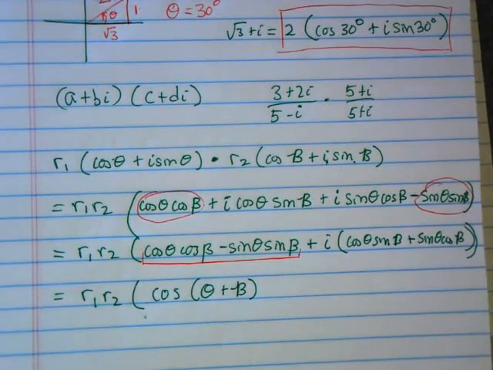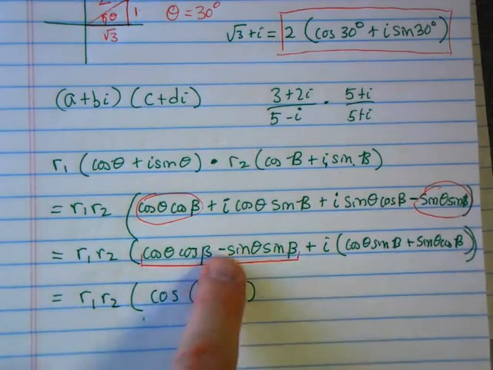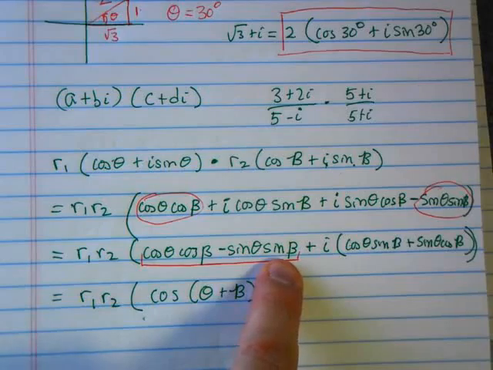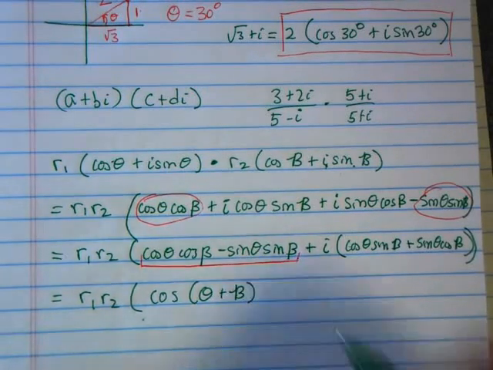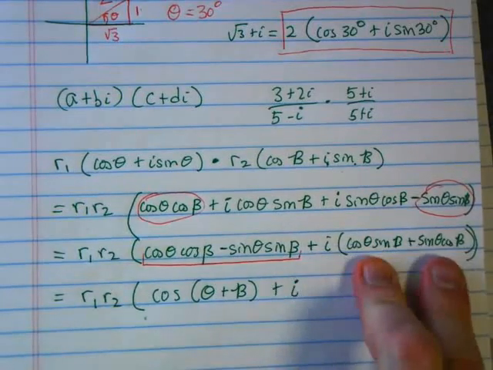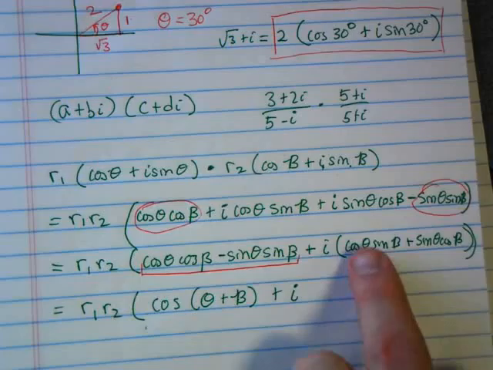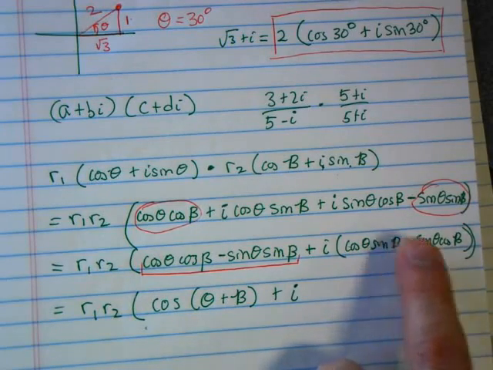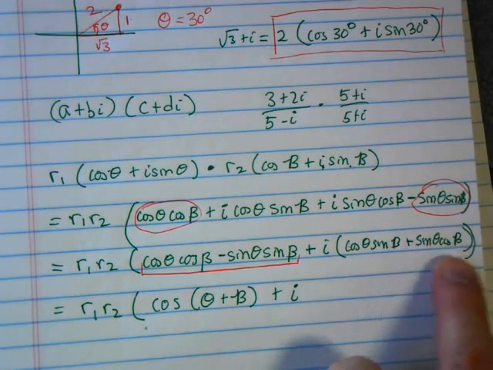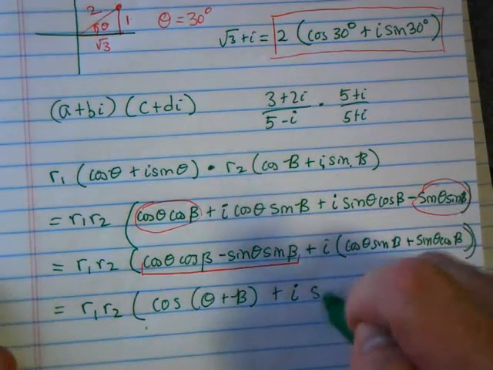That's the identity for adding two angles together. If you have cosine of theta plus beta, you do cosine theta cosine beta minus sine theta sine beta. Plus i times. Anybody happen to recognize this one? We have cosine of one, sine of the other, and then it switches. Sine of the second, cosine of the first. That's the sine of theta plus beta formula.